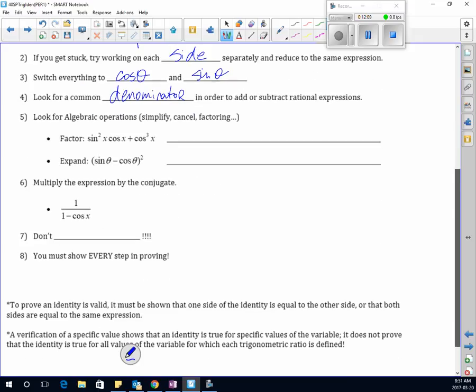So for instance, what could I factor out of this one? Yeah, GCF of cosec. So if I factor out a cosec, I'm left with sine squared x plus cos squared x. And we just learned 2 seconds ago, what is that equal to? 1. So that means this is just equal to cosec. So you look at this big complicated thing, but that simplifies just to be cosec, right?